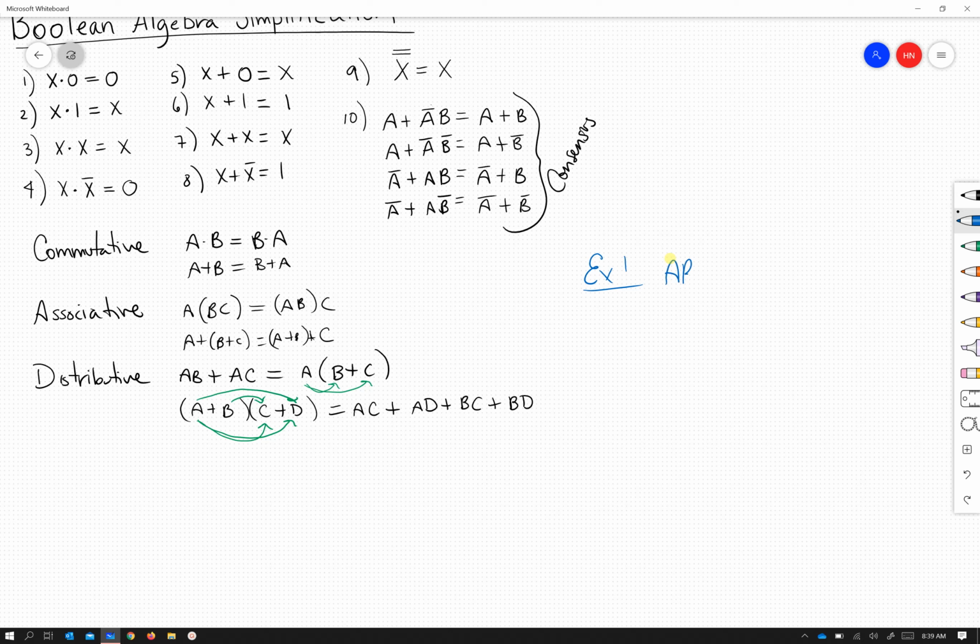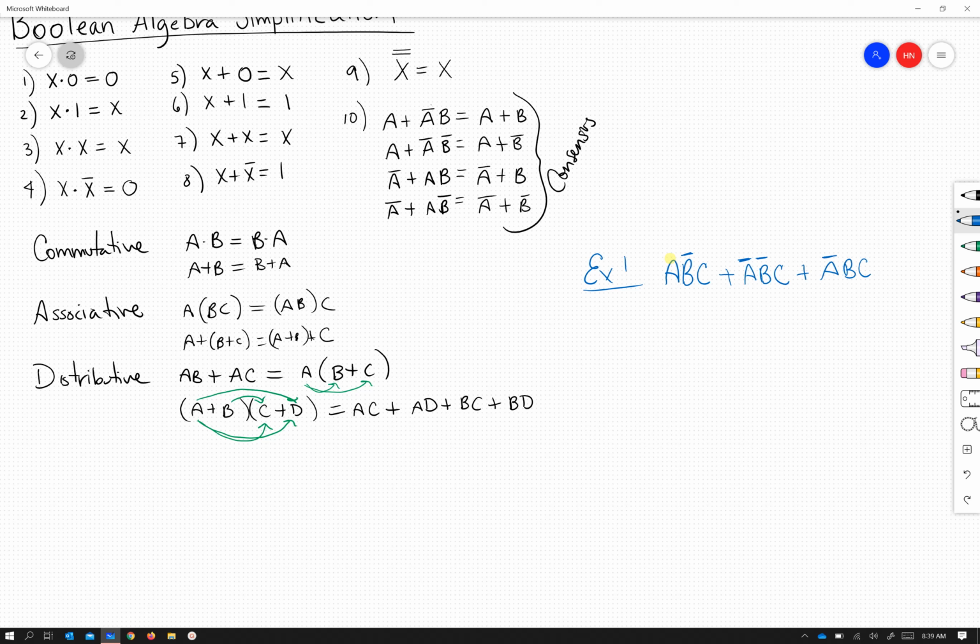For example 1, I use ABC. Let's say we have an equation with ABC that has an inverter on B, or ABC that has an inverter on A and another inverter on B, or ABC that has an inverter on A alone.